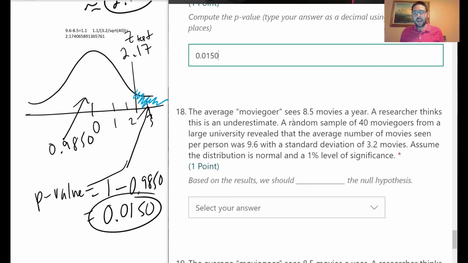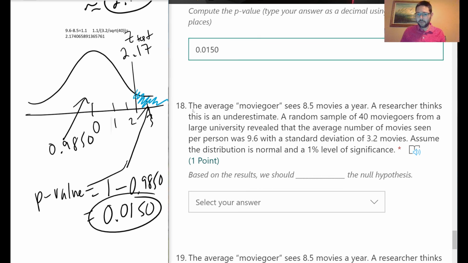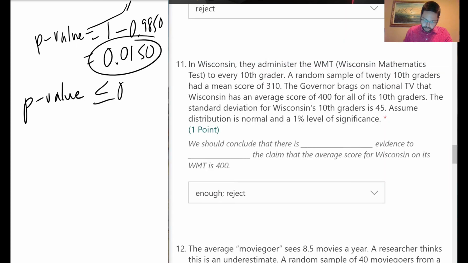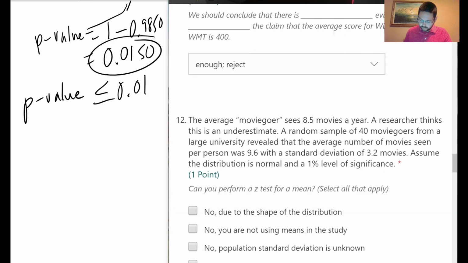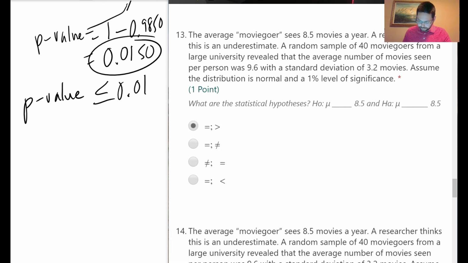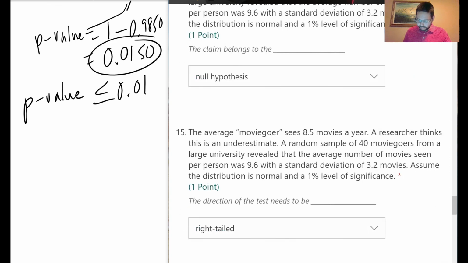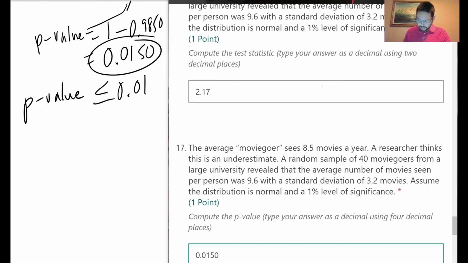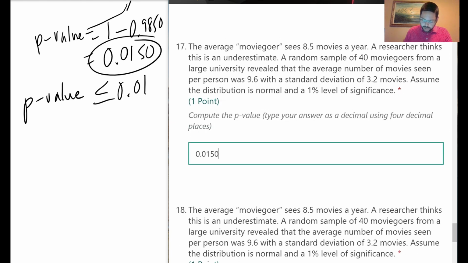All right, so now what do we decide? Do we reject or fail to reject? So p-value, is it less than or equal to alpha? Well, they said that the alpha is 1%, which is 0.01. So that's what they said in the problem. So since they said that it was 1% level, that means alpha is 0.01, but we said that the p-value is 0.0150.